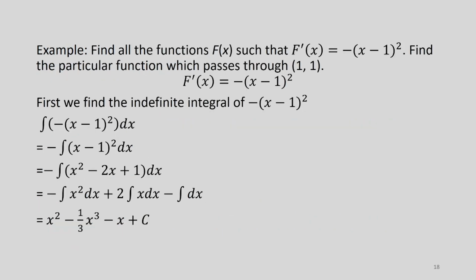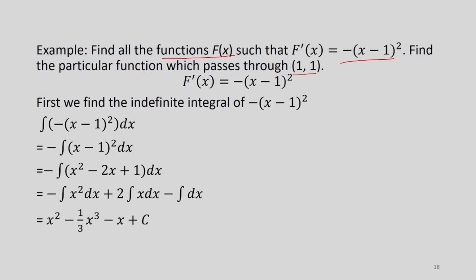Okay, here is an application of that. Find all the functions F(x), such that F prime of x is equal to minus of (x minus 1) whole square. Find the particular function which passes through this point (1, 1). Okay, so there are two parts to this question.